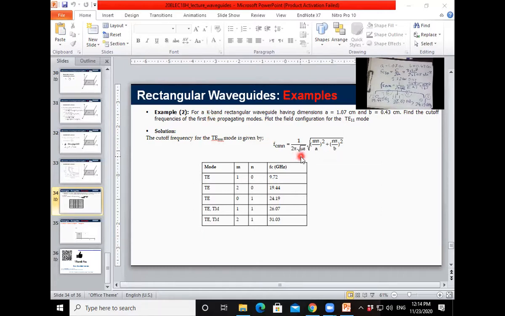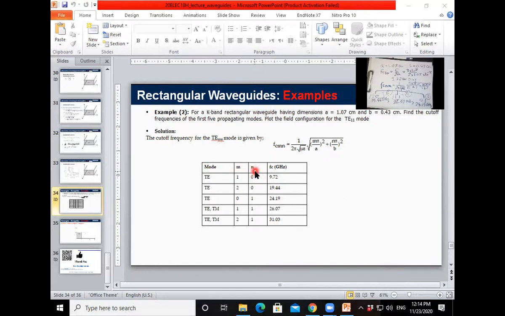So now, if I told you, please calculate the single mode band for this rectangular waveguide, the answer is simply to substitute the second cutoff with respect to the first cutoff. Because now, if your operating frequency is 10 gigahertz, then by checking this table you will say, okay, I only have one mode, which is the TE10 mode.